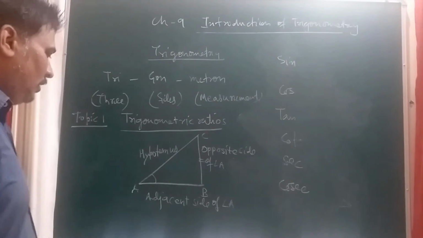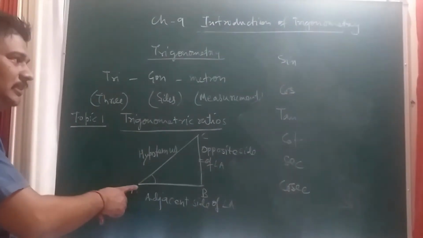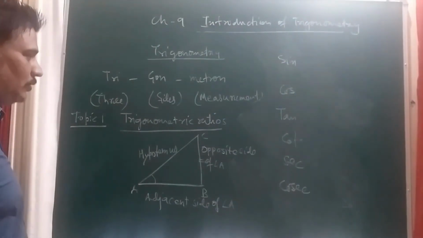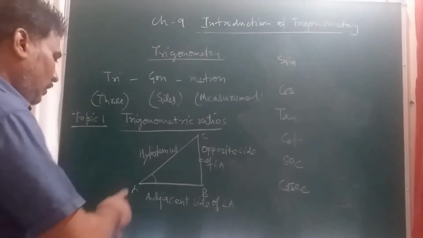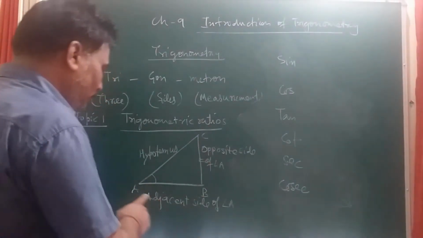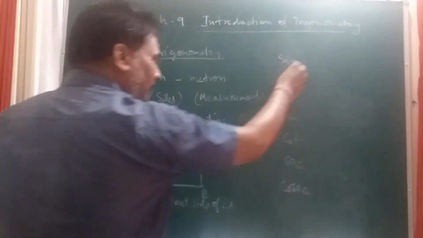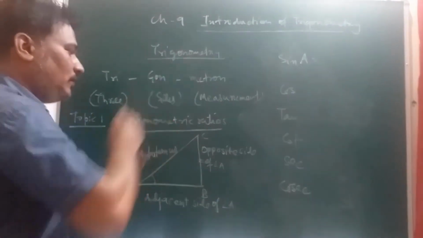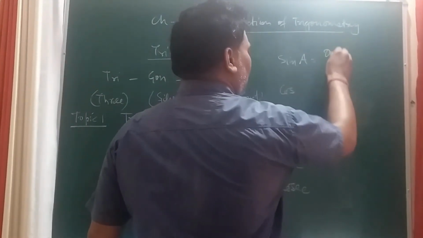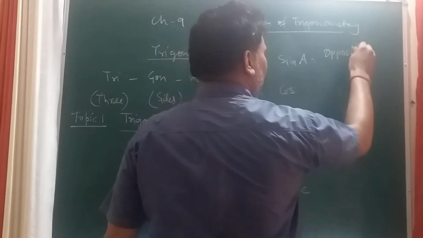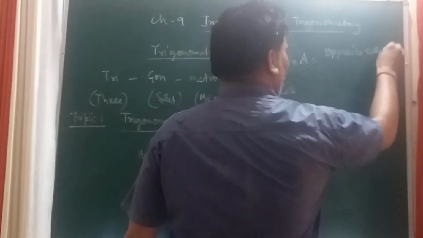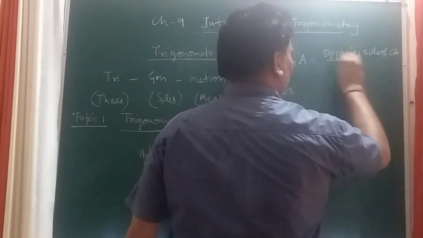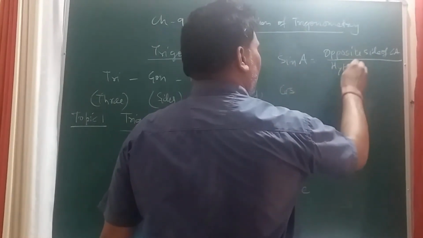We are talking about the angle A. If we want to find the value of sin A, then sin A is equal to the opposite side of angle A upon hypotenuse.